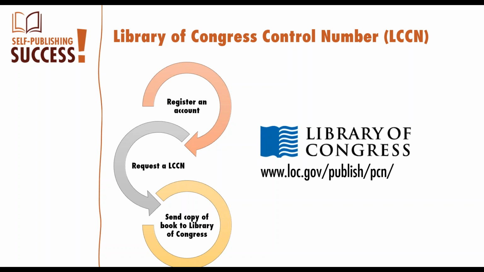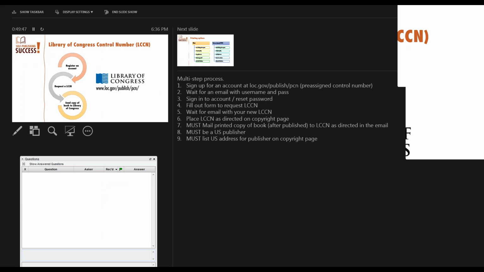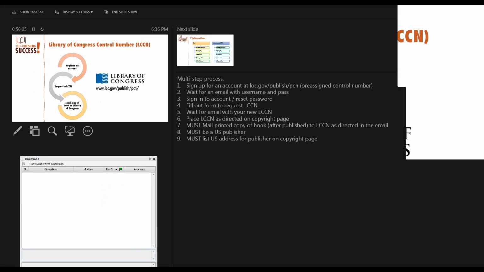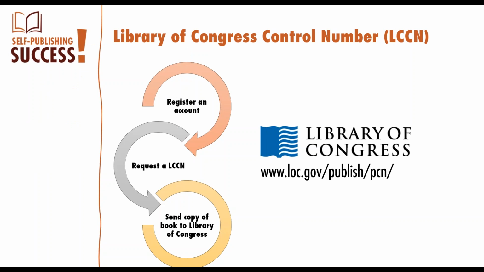So you can get this for free by going to the URL on the slide. It's a two-step process. Well, actually three. You're going to register for an account under your publishing company name first. So you are going to need to first register your name, and you're also going to need your ISBNs. When you have those two things, you can register for an account.